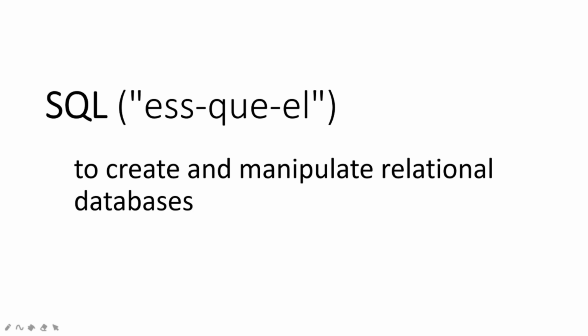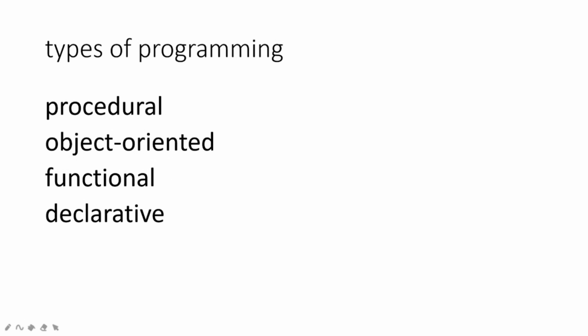In SQL, now that you know the relational database and how it works, SQL is the programming language you need to execute commands that let you create and manipulate relational databases. We will not dig deeper into the detailed technical definition. What you need to know is that there are a few types of programming languages: procedural, object-oriented, functional, and declarative.